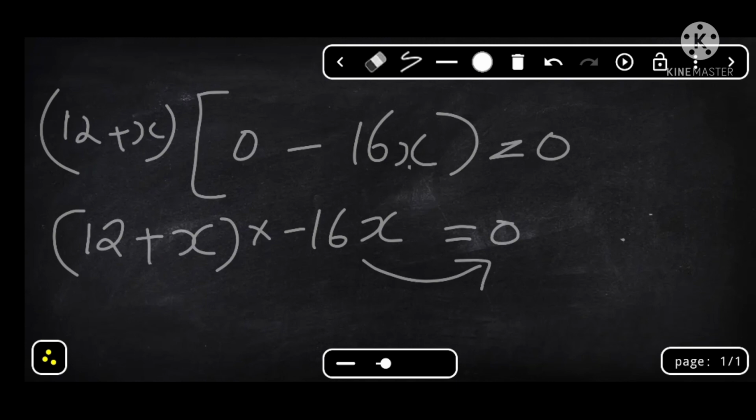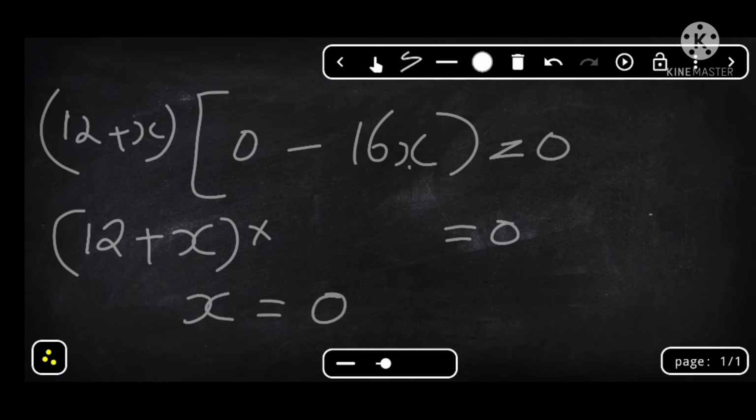This is going to be 0 divided by minus 16x, so that will be 0, right? So the x value can be either 0 or minus 12. Clear? So this is how we can solve this problem.